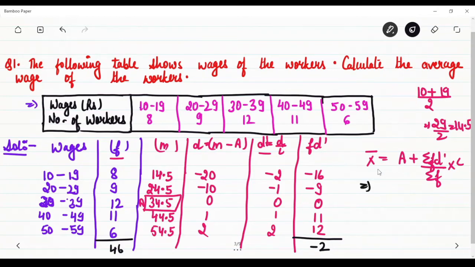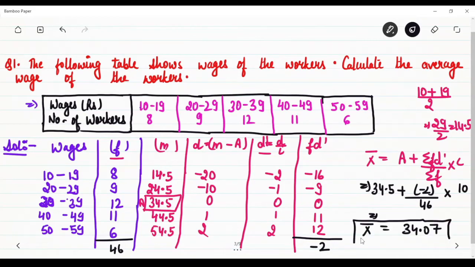We have assumed mean as 34.5 plus sigma fd dash is -2, then sigma f is 46 and I was 10. So when we solve this question, the answer will be mean equals 34.07. I hope this question is clear to you guys.